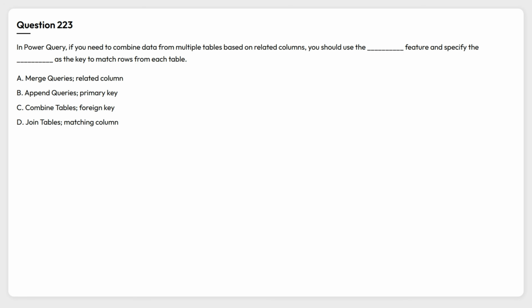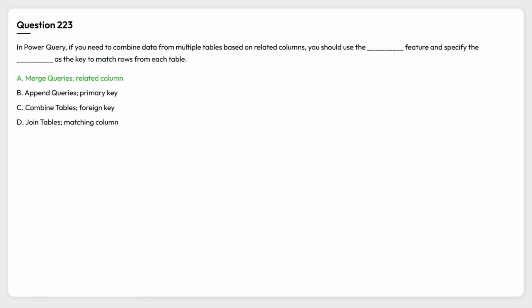Option A, merge queries, related column. Option B, append queries, primary key. Option C, combine tables, foreign key. Option D, join tables, matching column.